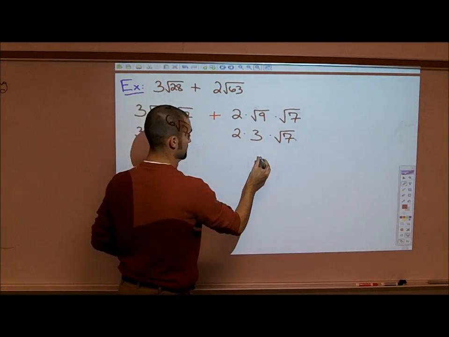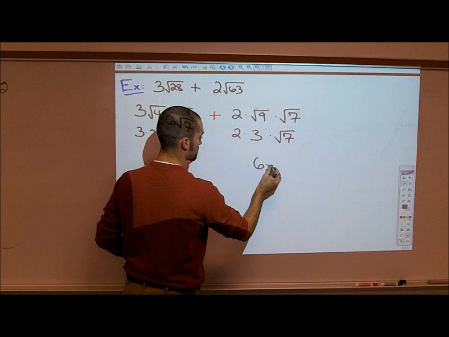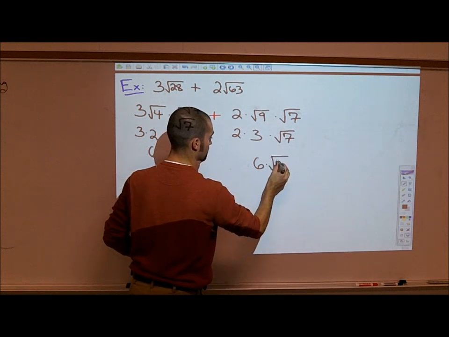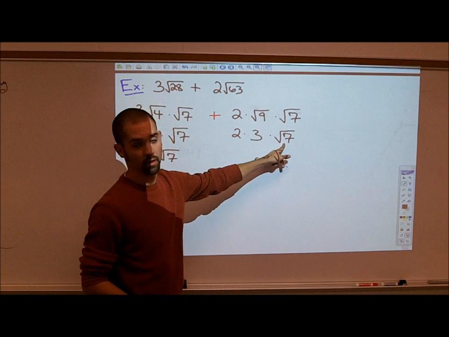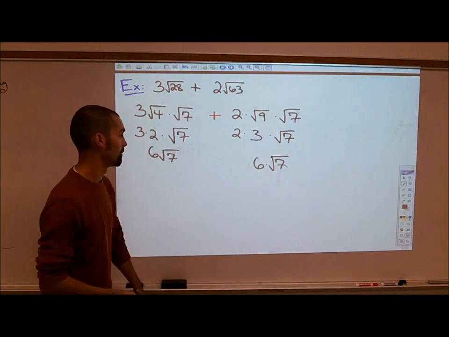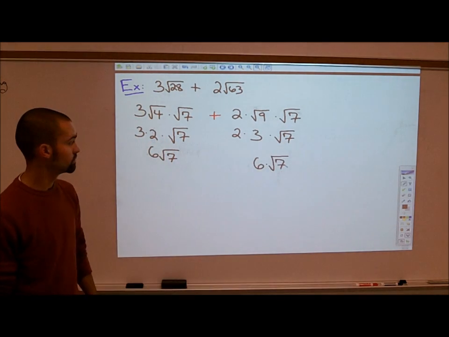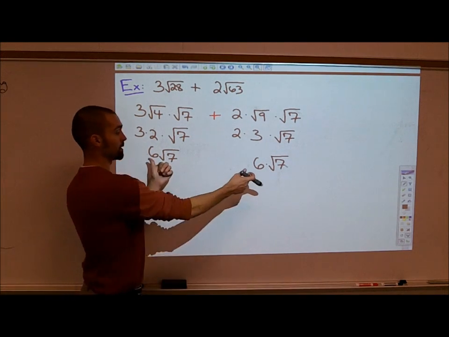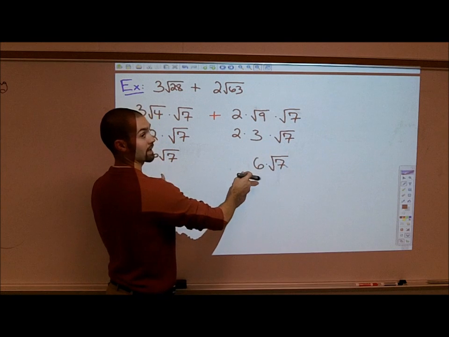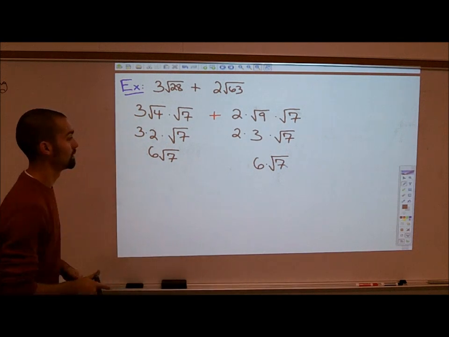So I've got 6 times the square root of 7. Because I already know the square root of 7 is not a perfect square, and there's no perfect square that goes into 7. Therefore, it's 6 times the square root of 7. Alright? And again, you cannot combine the outside with the inside. They both have to have radicals in order to do that. Alright?